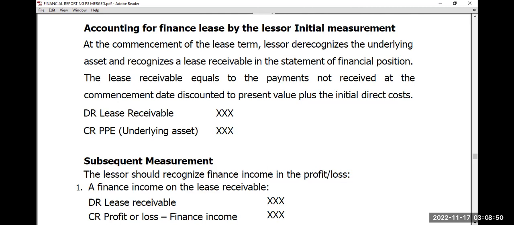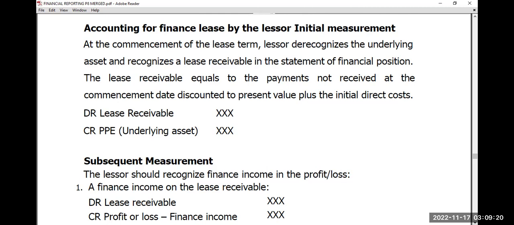So you have to derecognize the asset or write it off from the assets you have. But upon derecognition of those assets, we recognize the lease amount, the lump sum amount that you are going to be receiving after giving out this asset.